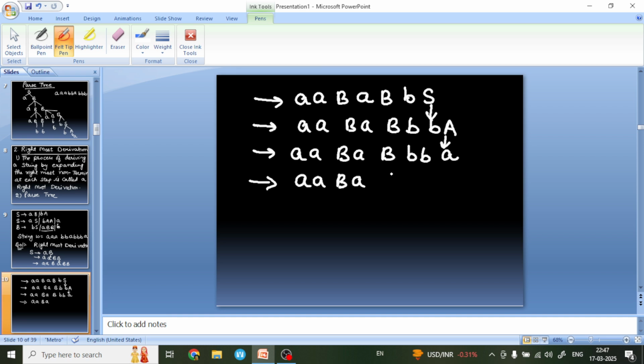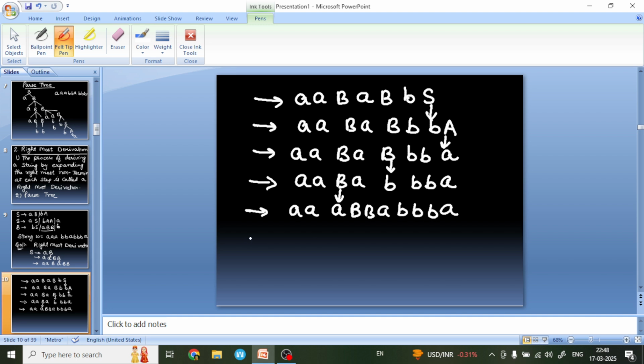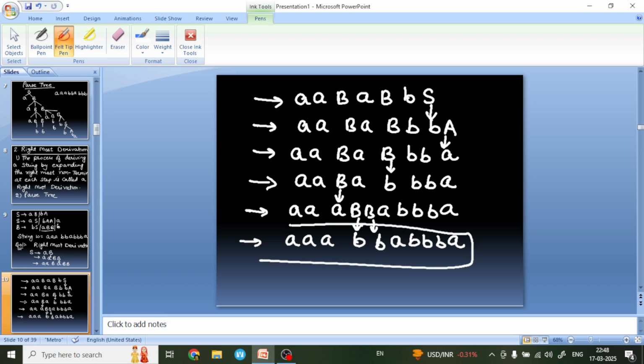Now in place of b, take small b, and after this a, in place of this b, again take a, b, b, a, b, b, b, a. Now take a, in place of this b, in place of this also b, a, triple b, a. You will find your string.